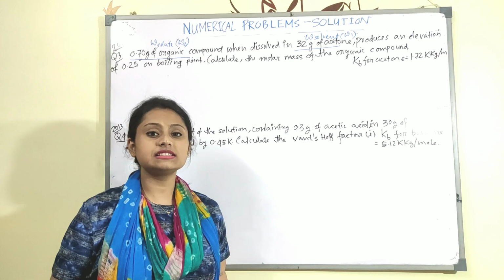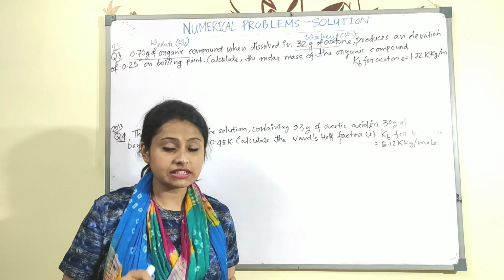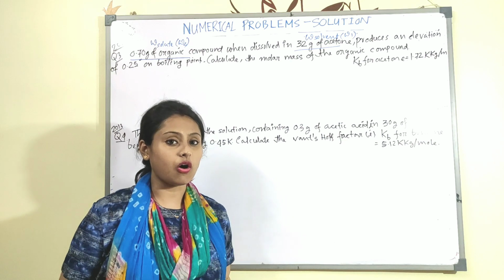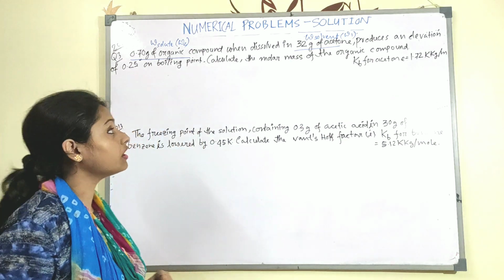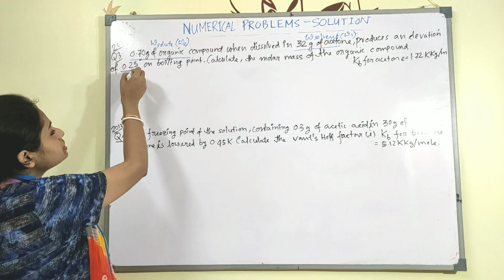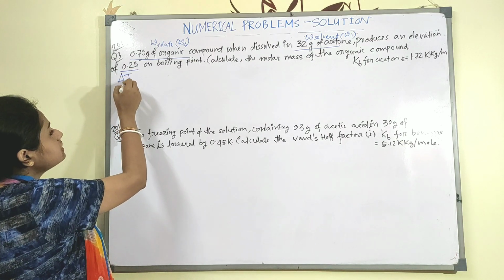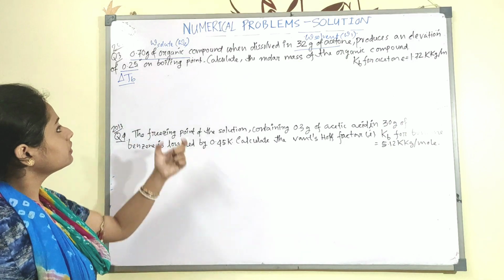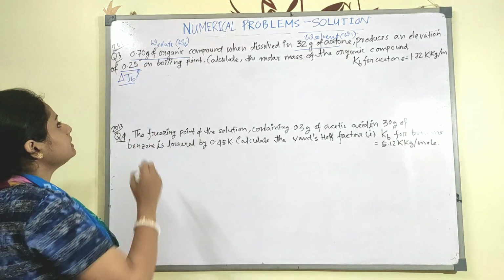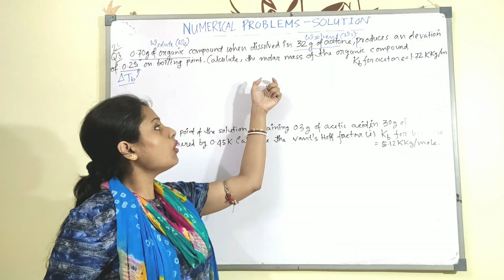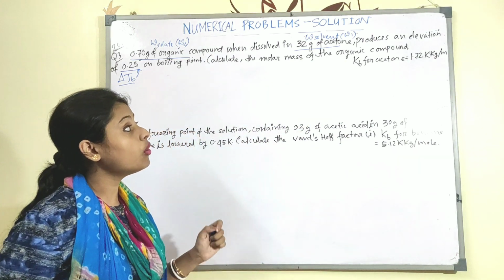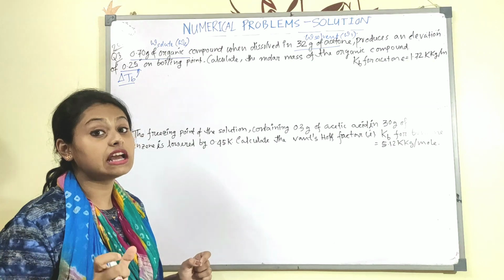So this is a problem of calculating the delta TB from Raoult's law of elevation of boiling point, and this elevation delta TB is of 0.25. Calculate the molar mass of the organic compound. That means the molar mass of the solute.